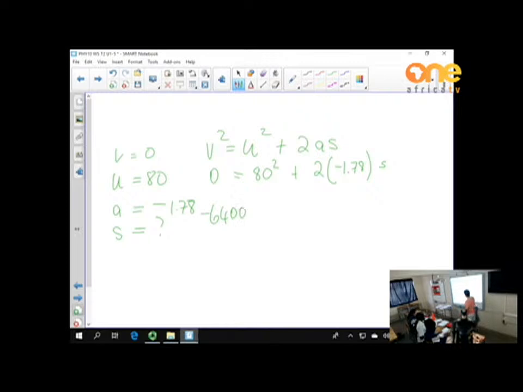Why minus? Yes, I take it across the equal to sign. And on this side, I am left with, what is 2 times 1.78? S. Can you see? Now it's easier to solve for S. Because here I'm multiplying. So if I take it across, I have to divide. So I have minus 6400 divided by minus 3.56 is equal to S.